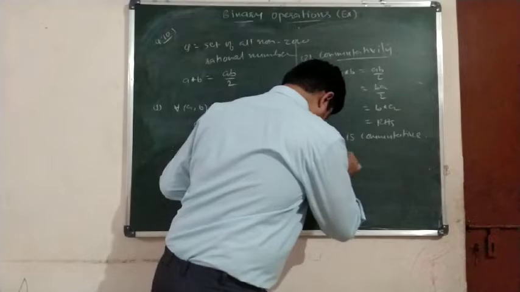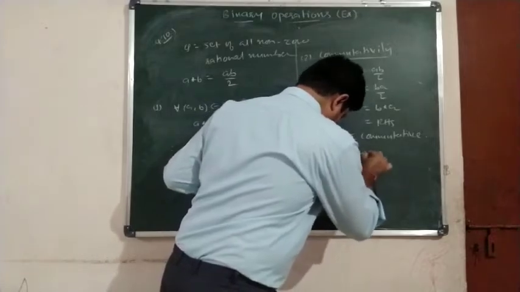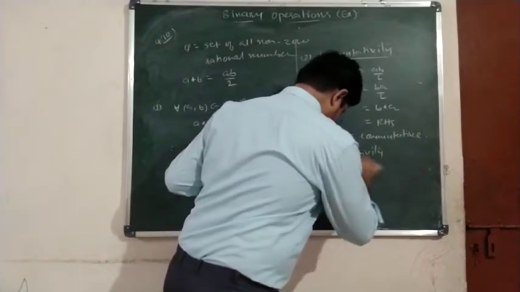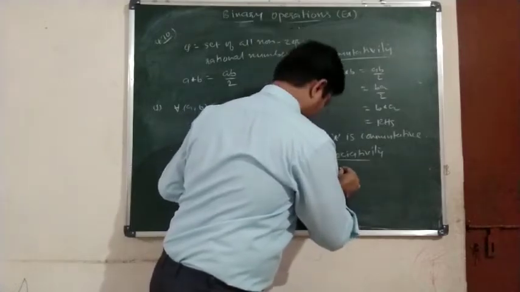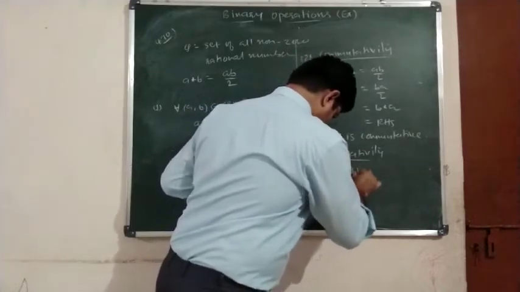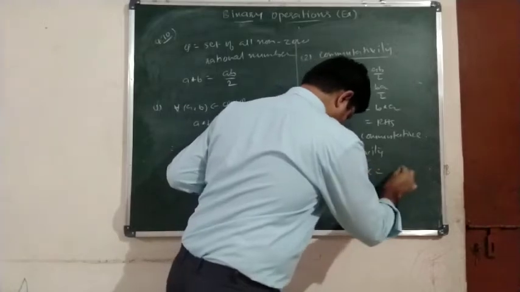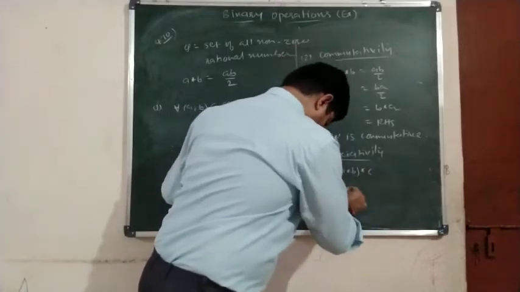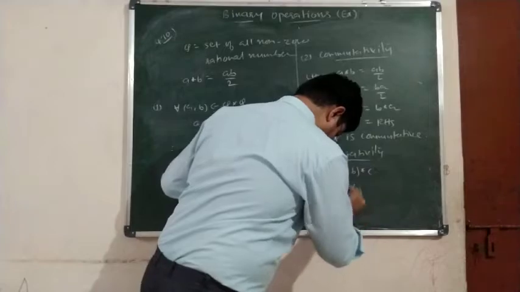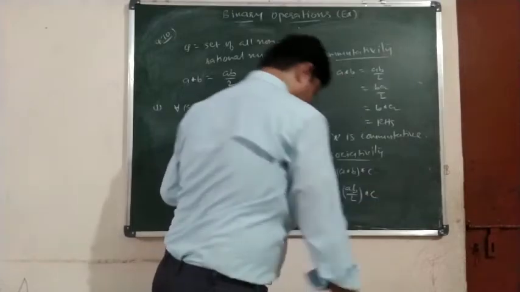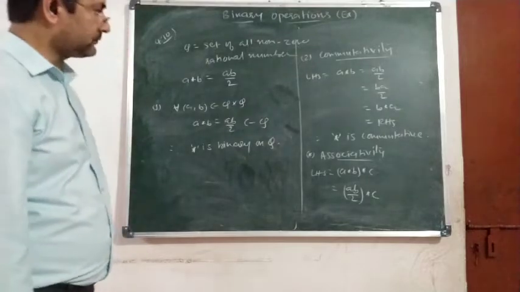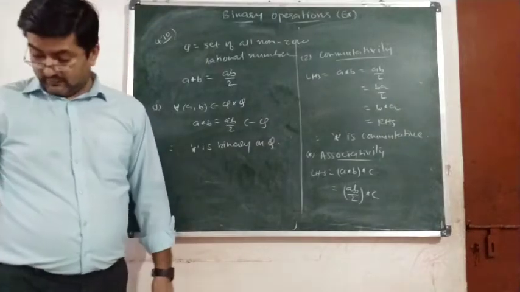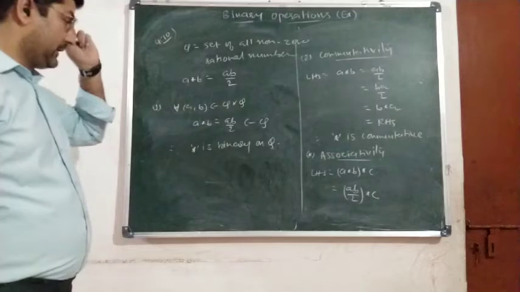Associativity. LHS: A asterisk B asterisk C is equal to AB by 2 asterisk C is equal to, let us write down the remaining steps on the left hand side.